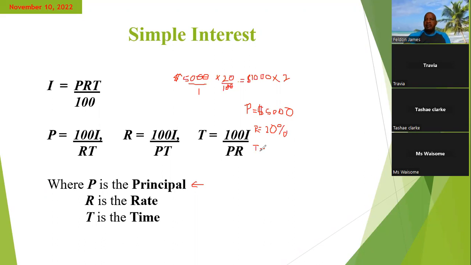So in this case, if we're doing it for 2 years, time would actually be 2. And all we do now is plug these values where the PRT is in the formula. So interest then would be equal to 5,000 times 20 times 2 years.